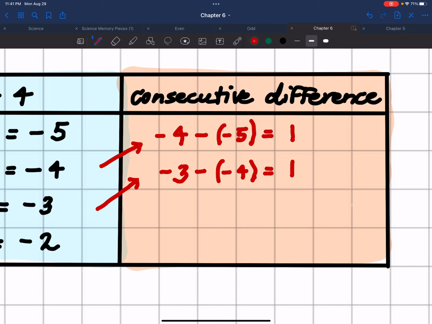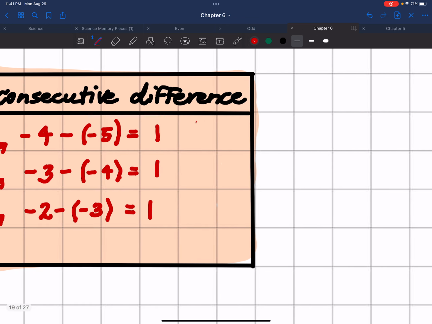It's going to be 1. And then we have -2 minus -3, and that also will be 1. So to answer their question, it is common because it's the same all the way down. The common consecutive difference is +1.